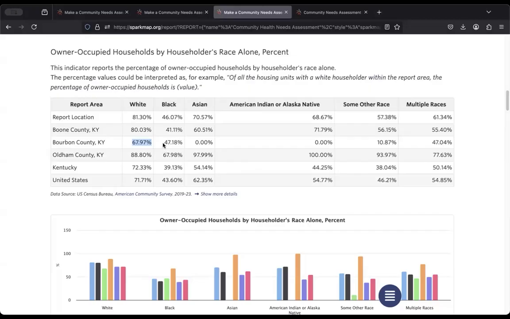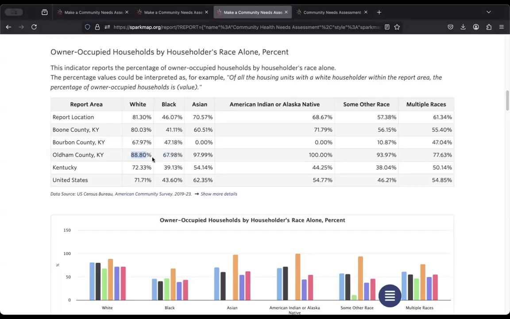We have a similarly low rate, I guess, for those that are black. And then it looks like we are lacking some folks with some of these other race and ethnicities as we go along. But what we can see here is that there are some counties that are doing a little bit better job. Again, Oldham County, we've got quite a few.